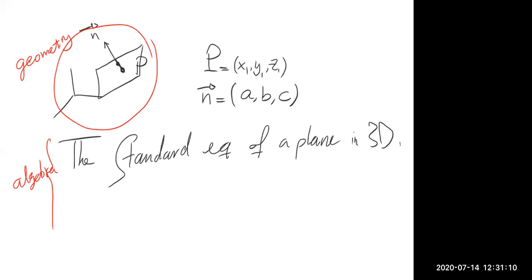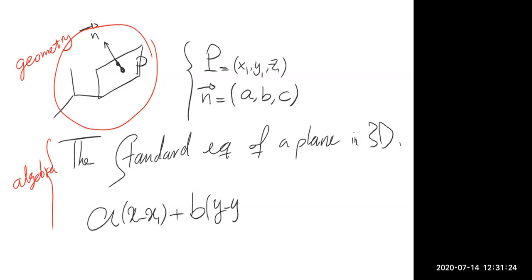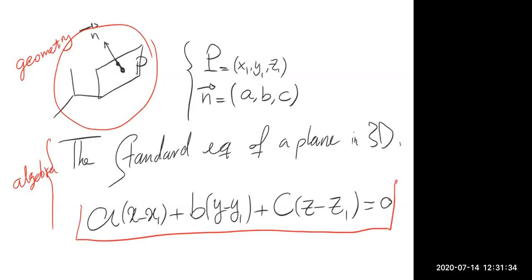It's supposed to contain P, and have n as the normal vector. The equation would be A times (x minus x1) plus B times (y minus y1) plus C times (z minus z1) equals 0. That would be the standard equation of a plane.